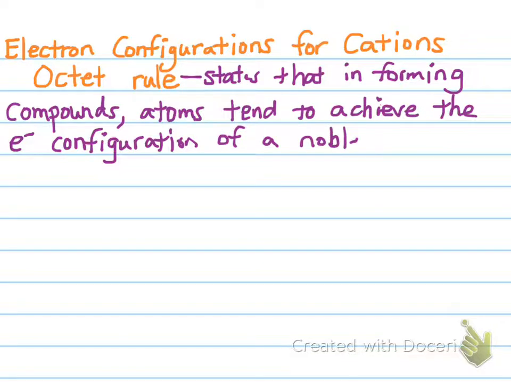That goes back to that ChemQuest that we did yesterday, where every single time we were asking how many electrons do we have to lose to become a noble gas, how many electrons do we have to gain to become a noble gas. Because of the octet rule, every element on the periodic table is gaining and losing electrons. It's forming compounds in an effort to get the electron configuration of a noble gas.